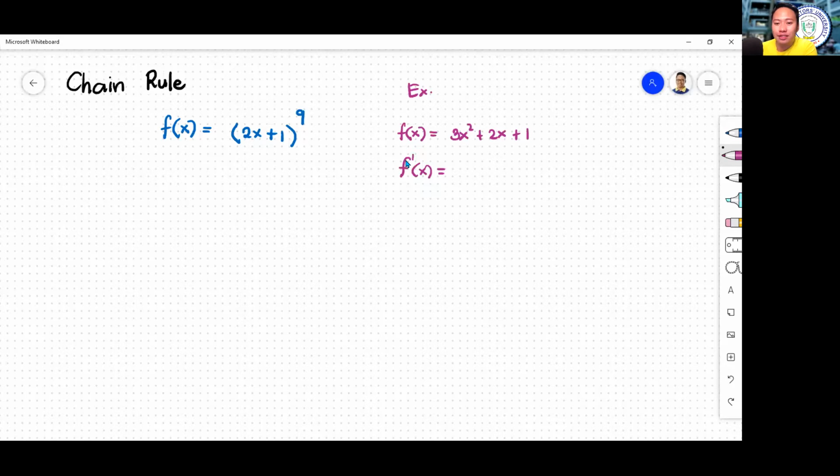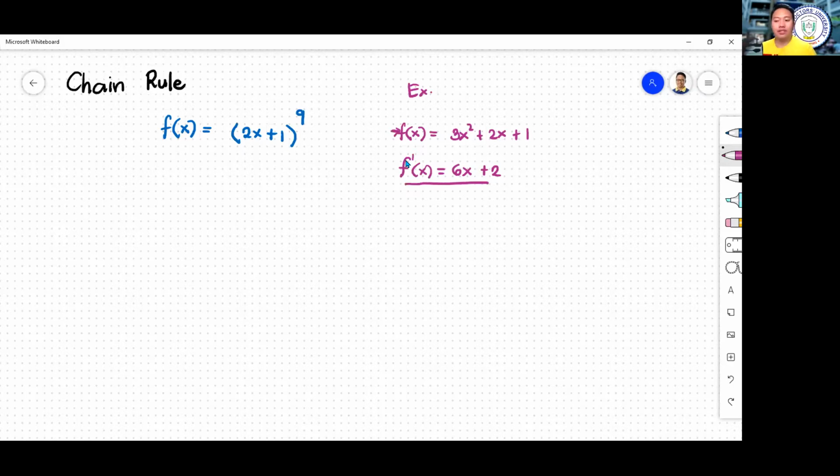We have 6x. And then we do 2 minus 1 in the exponent, so we can just leave it as x. The derivative of 2x is simply 2, and the derivative of 1 is 0 because that's a constant. So technically, the derivative of that function is 6x plus 2. And that's how easy it is.